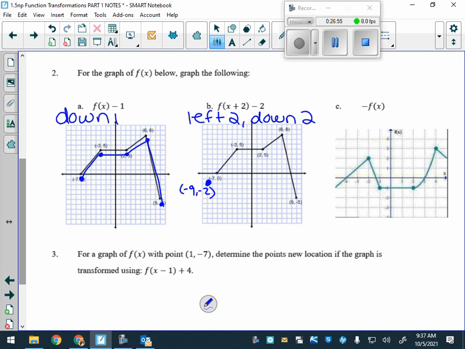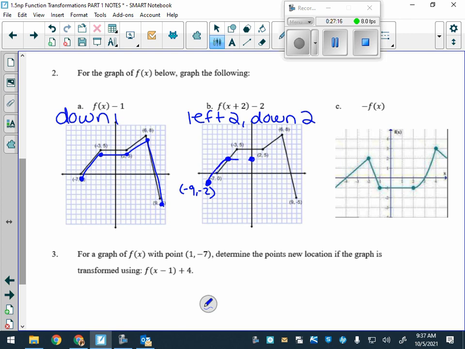Okay. -3, 5 would now become what? What would be my new point? Liv? -5, 3. Good. Okay. 2, 5 will now become what? Alina? 0, 2. Good.